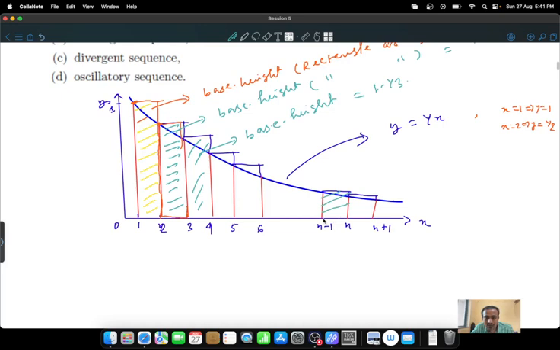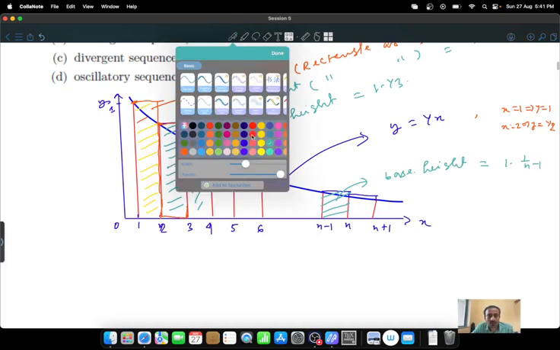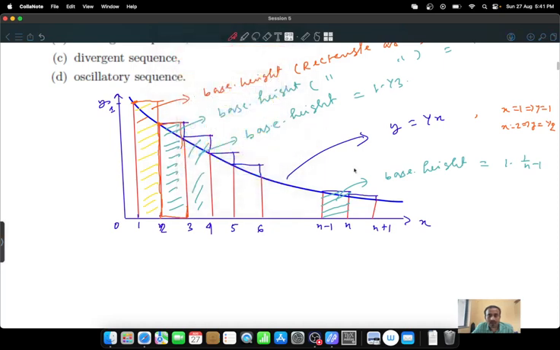And in general, if you look over here, the base is again 1, base is always 1, base into height equals 1 into the height of this, which is 1 by n minus 1. And if you look at the next one, you get base times height equals 1 into, now height is 1 by n, right?